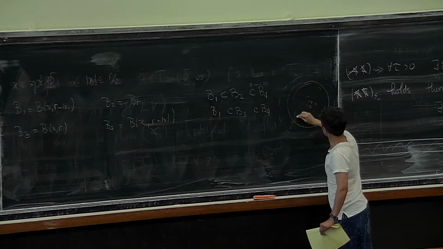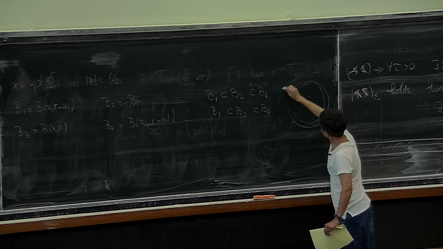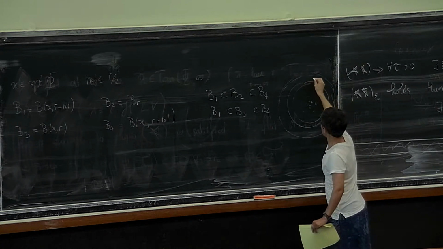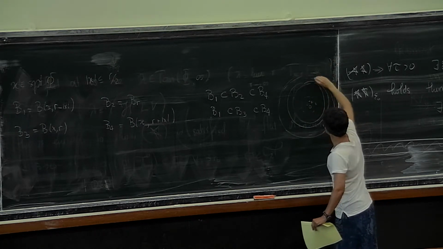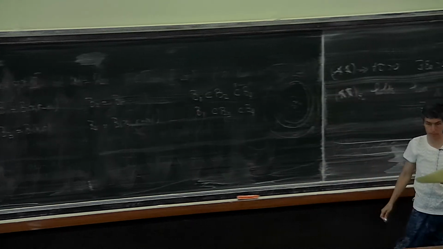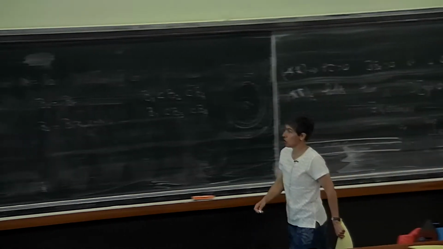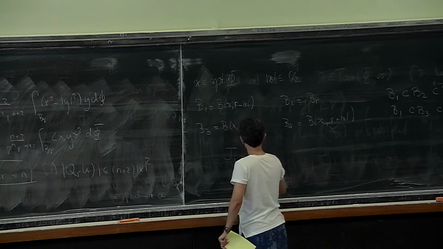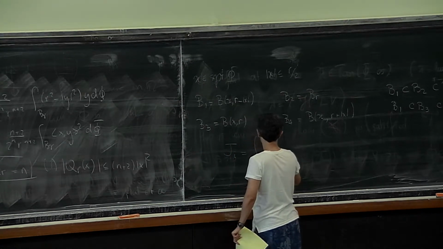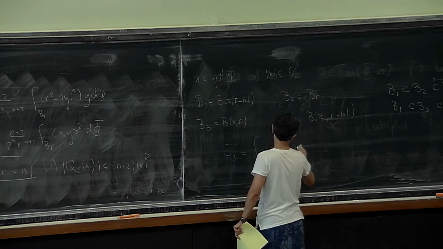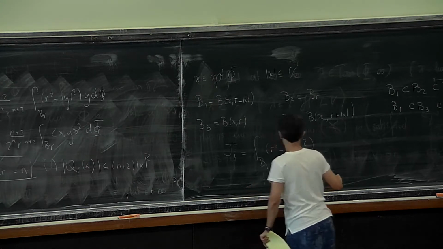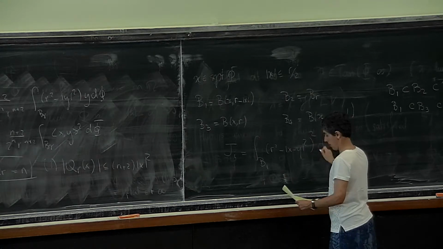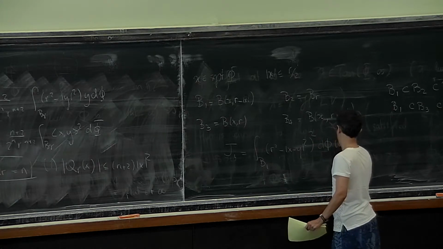I don't know if this is clearer or more confusing, but okay, somehow. And I'm going to call J sub i the integral over Bi of r squared minus the norm of x minus y, squared, d phi y.